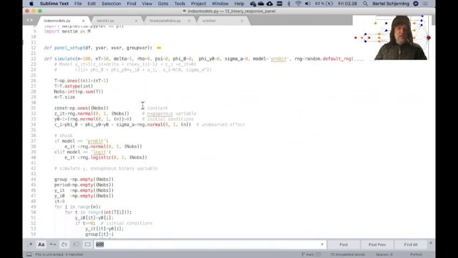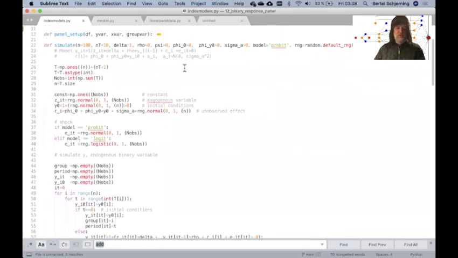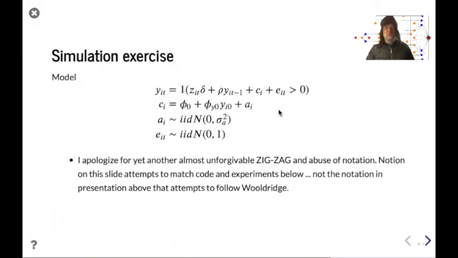The reason I'm using this slightly different notation is that I wrote the code first and used all these letters, and then I realized that Wooldridge was using other letters, so there's a little bit of mix up between the notation above and this notation, and I really apologize for yet another unforgivable zigzag and abuse of notation here.